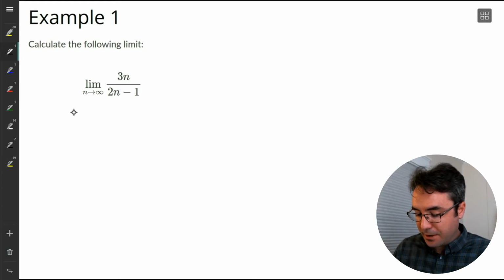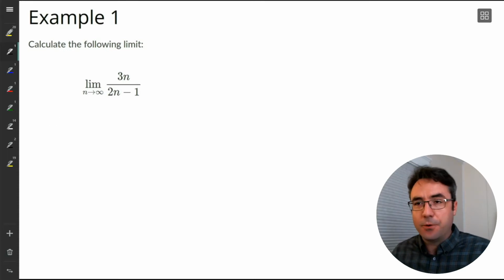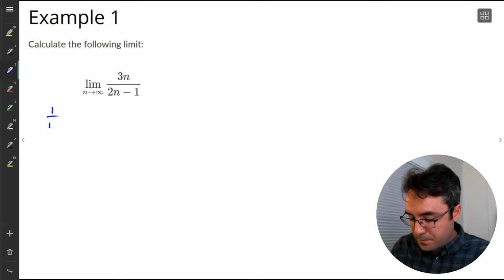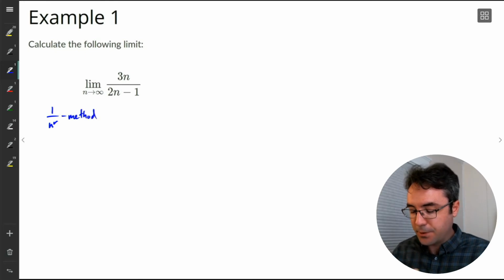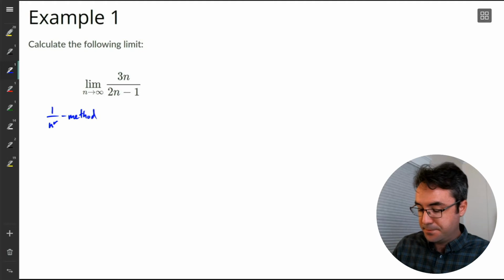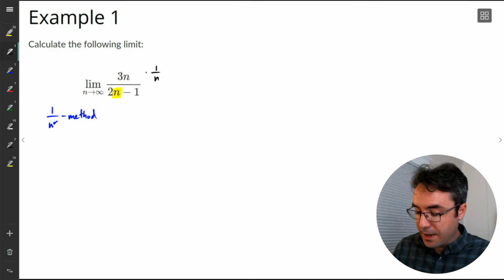We call that our 1 over n to the r method. That's what we're going to do here. So this is where we identify the largest power of n in the denominator, which in this case is just n. And we're just going to divide everything by it. So we're going to multiply everything in the numerator by 1 over n, and we're going to multiply everything in the denominator by 1 over n.